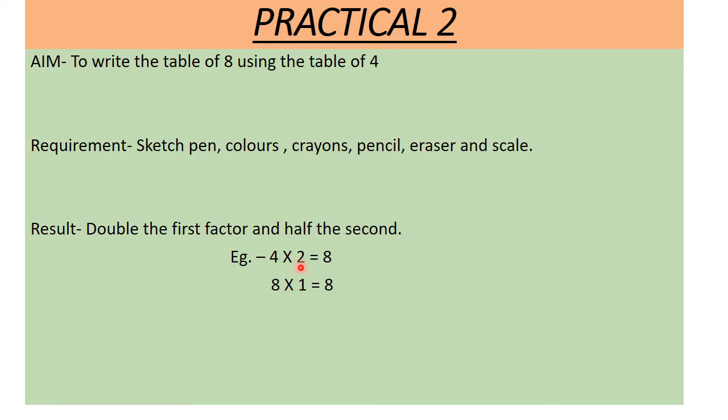Half of it is 1. So 4 2s are 8 and 8 1s are 8. On this concept, double of the first factor and half of the second, we are going to write the table of 8. So let's see how you can do the practical.